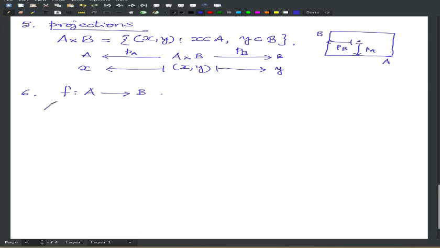Now what happens if A is the empty set? Any idea? Remember, firstly, look here. This is why I always insist that your proofs must not include any English words.